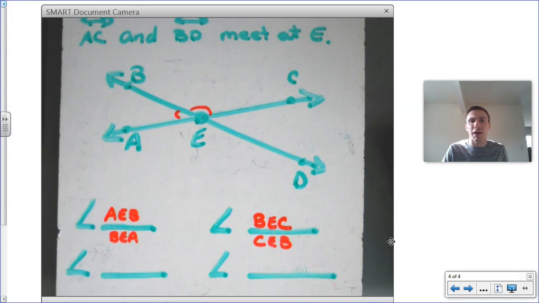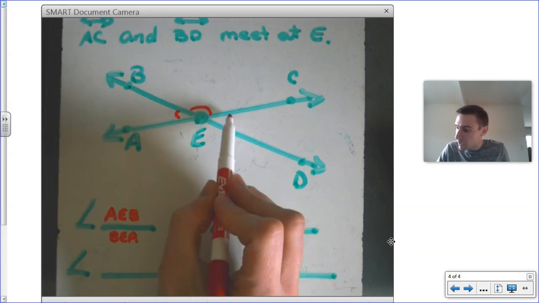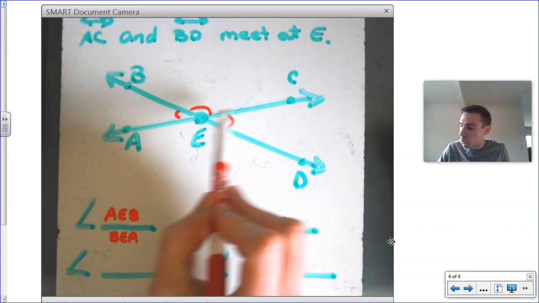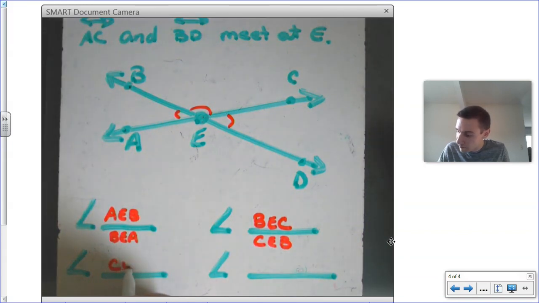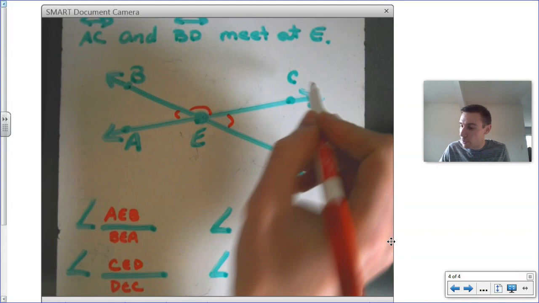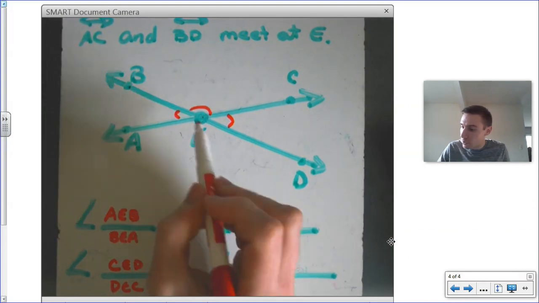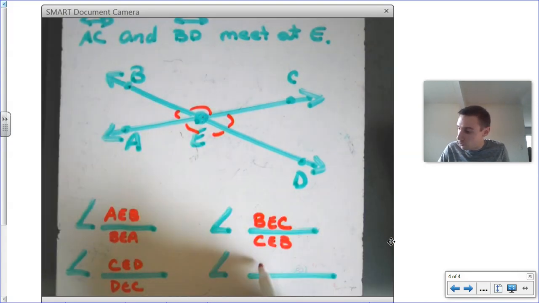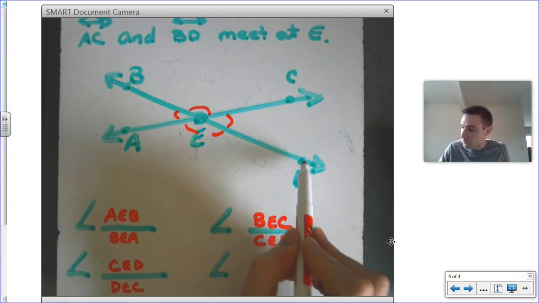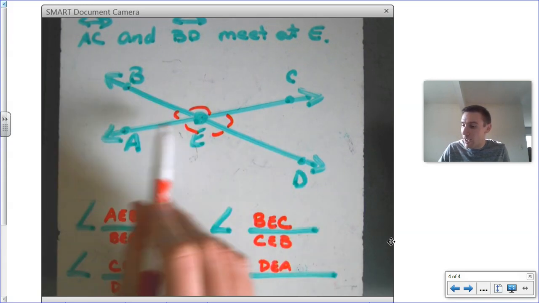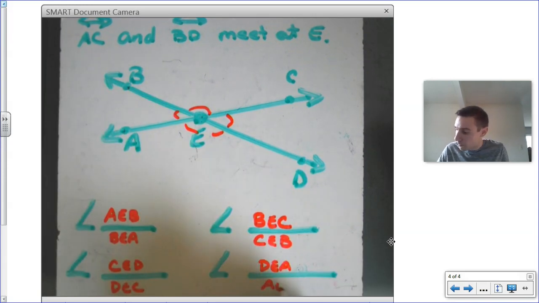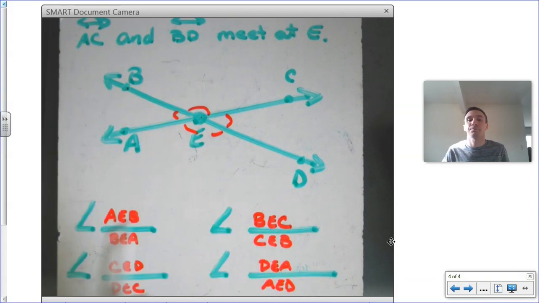Give yourself a couple of seconds, pause me if you need to, and think about the names of these last two angles. And this angle right here, going around, we'll call it angle CED, or we can call it DEC if we work it the other way. And over here, we have angle DEA, if I go this way, or angle AED, if I go this way.